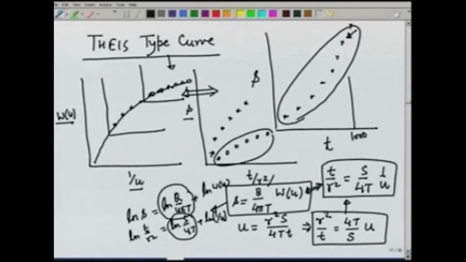So, depending on the S versus T over R square data, the shifting of the axis will be different. This is known as the type curve matching, and this gives us a method of estimating the values of S and T.